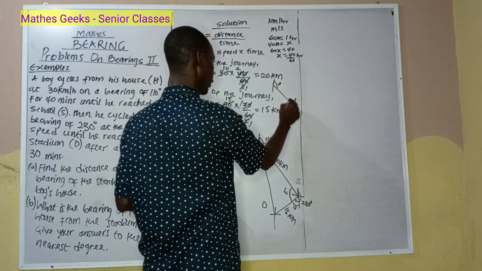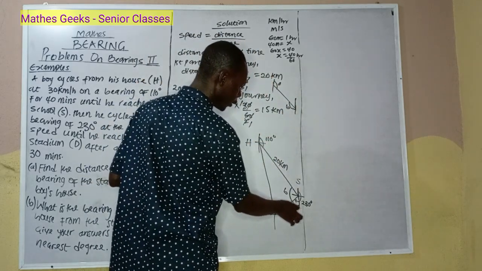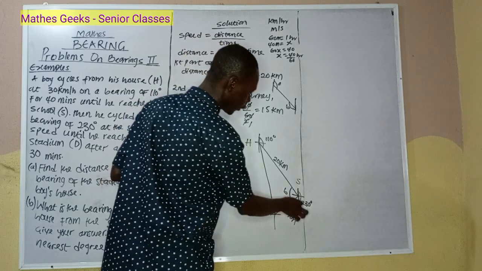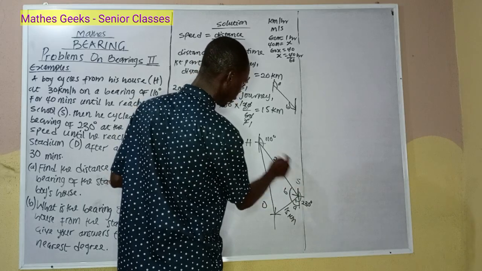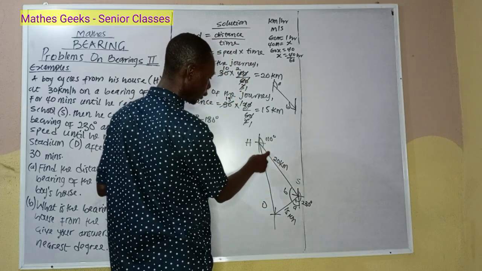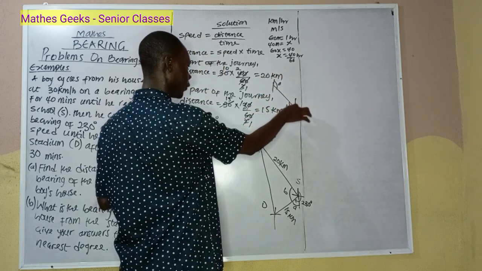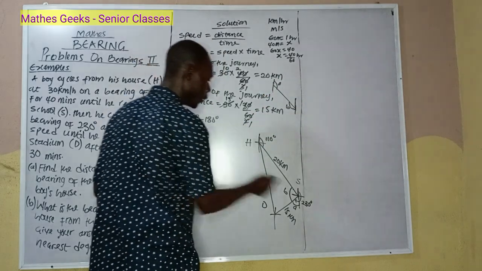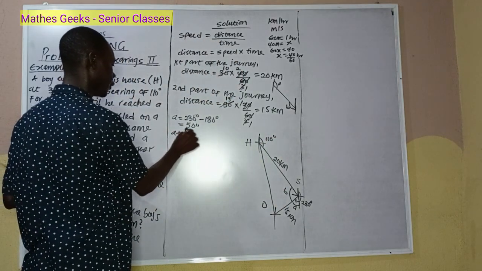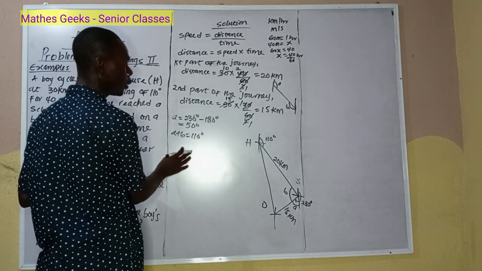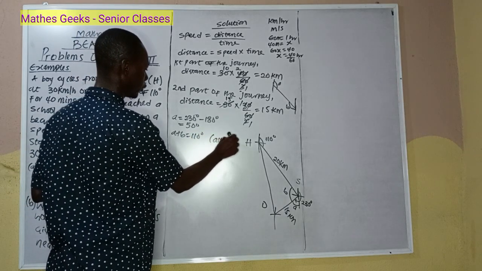A is alternate to B. So 110 degrees is alternate to A plus B, because the south to the line connecting H and S is alternate to the north to the line connecting H and S. So A plus B is equal to 110 degrees, by alternate angles.